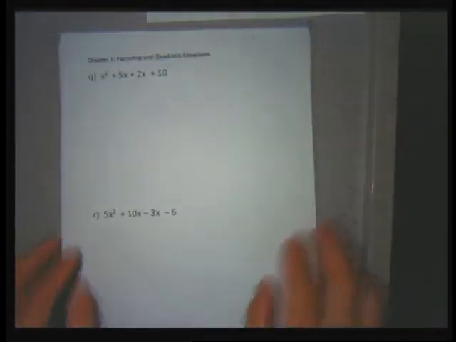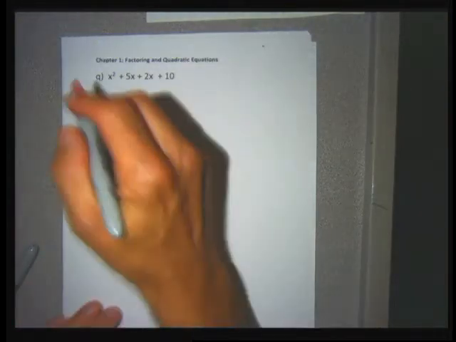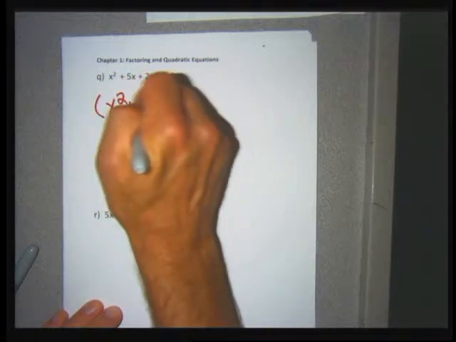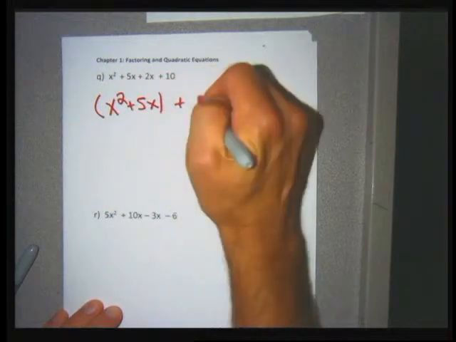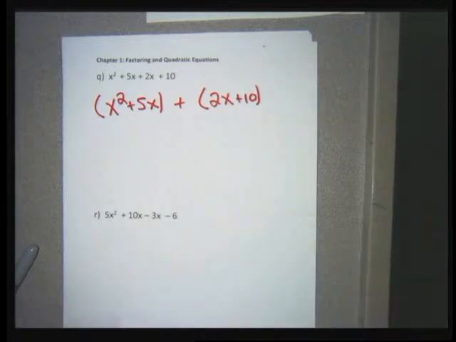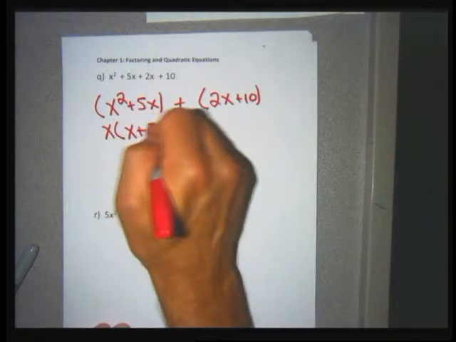The next 2 problems are grouping because there's 4 terms. For Q, I'm going to go x squared plus 5x plus 2x plus 10. First parentheses, common factor of an x. When I factor out an x, I'm left with an x plus 5.